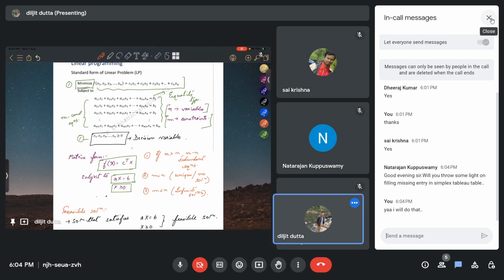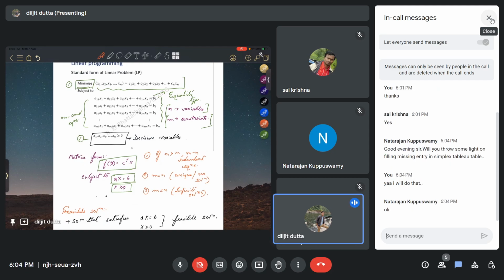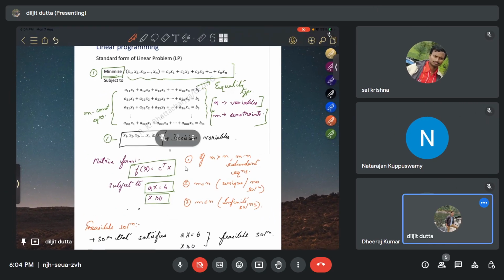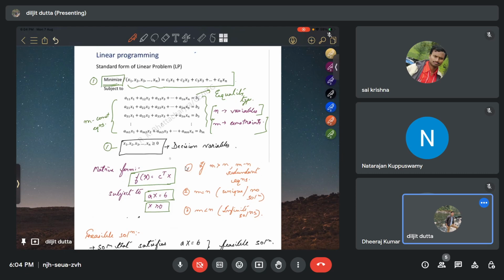In that process, I'll show how to fill up the values in the simplex table.